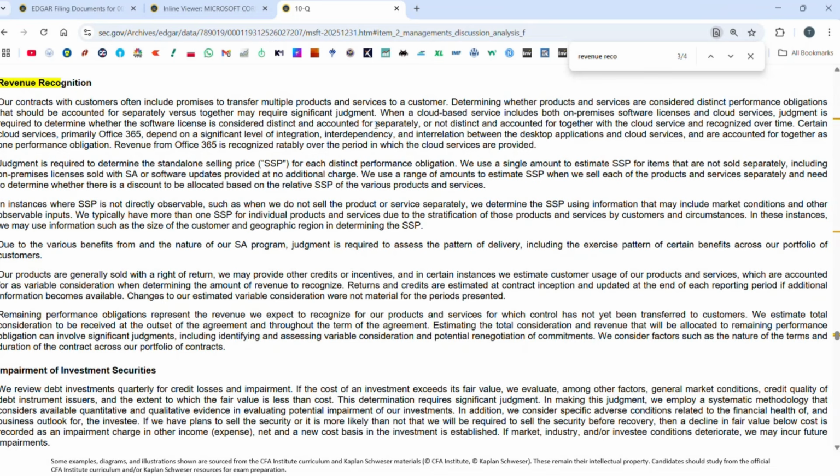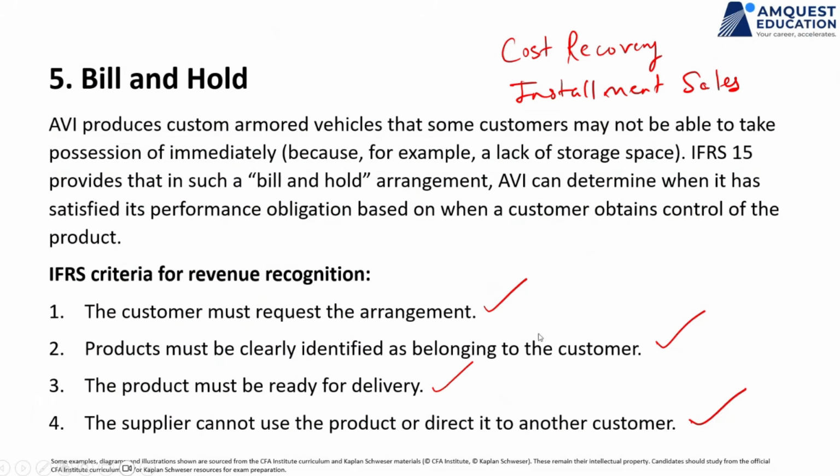So they are telling you how they recognize revenue. And this is where I think these sections are important. You should be able to at least read and understand how revenue recognition is working for a business. Are they doing aggressive revenue recognition, or is it a conservative revenue recognition from an analyst standpoint? So that is the key objective of having these sections available for us.